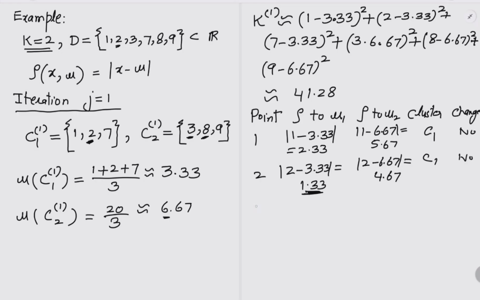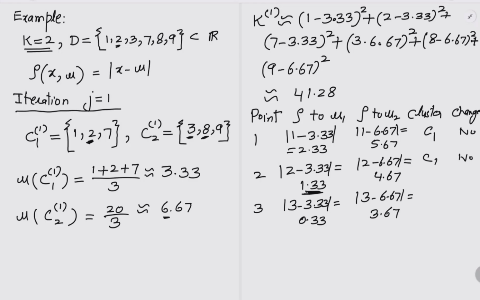And similarly, for the third point, 3 minus 3.33, the difference is 0.33, and then we have 3 minus 6.67, which is equal to 3.67.